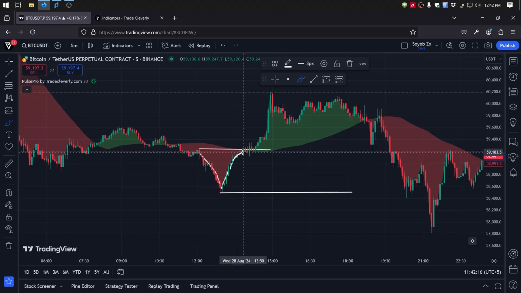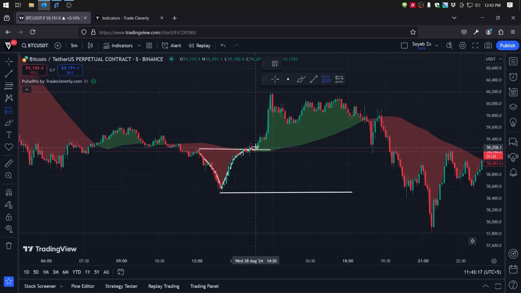In here you can see the price is trying to break but fails, and here the price successfully breaks the swing high. Also you can see in here we get a signal from our Pulse Pro indicator, and it tells us it's going to a bullish market.